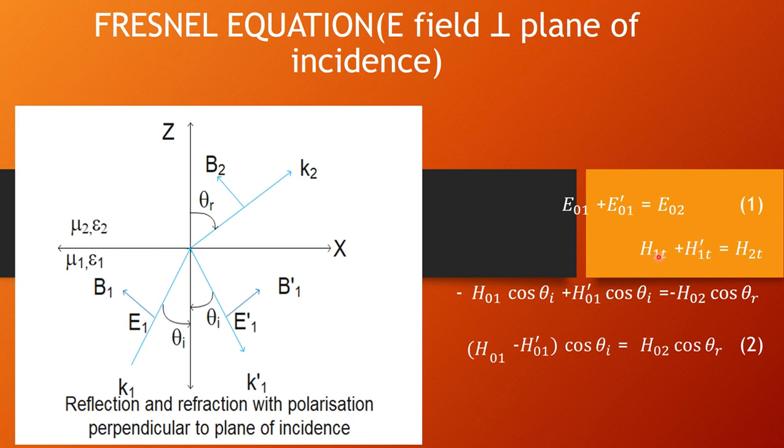We write H1t plus H1t dash is equal to H2t, and this component can be written as H1t equal to minus H1 cos theta I. This is written because H1 or B1 is directed along this direction, making angle theta I with the negative x-axis, and its tangential component is equal to minus H01 cos theta I. Similarly for H1 dash, making angle theta, its component is H01 dash cos theta I, equal to minus H02 cos theta.